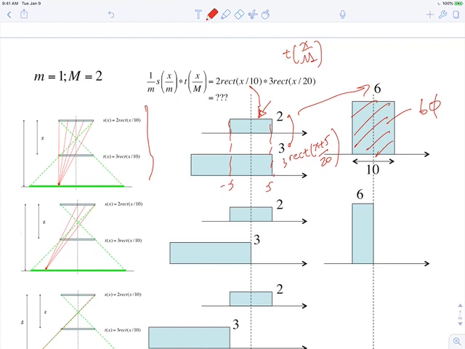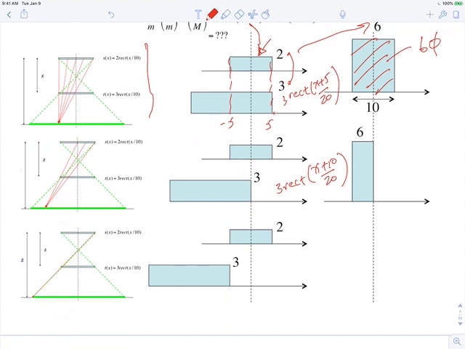All right. Now we're going to shift over. So this is now 3 rect of x plus 10 over 20. Okay? And now you see the area of overlap is less, right? So this area of overlap has a width of 5. The height is 6. So what's the area? It's just 30, right?